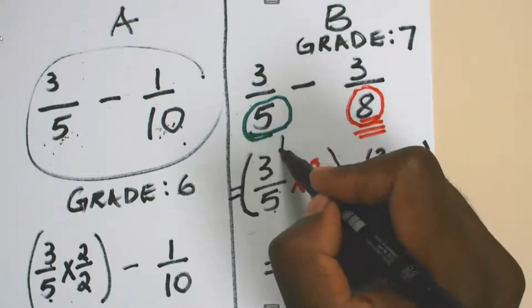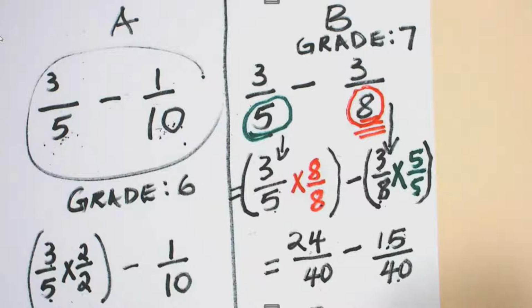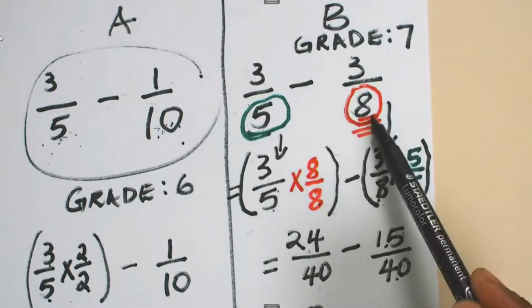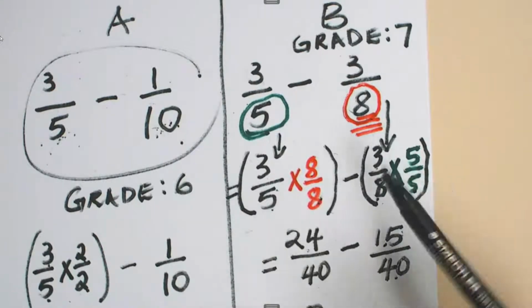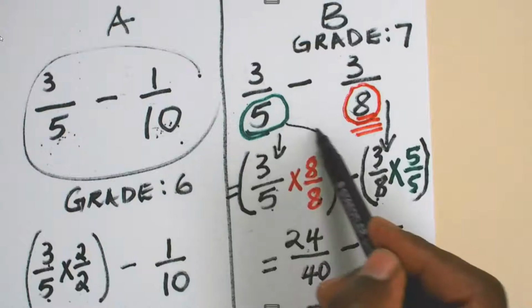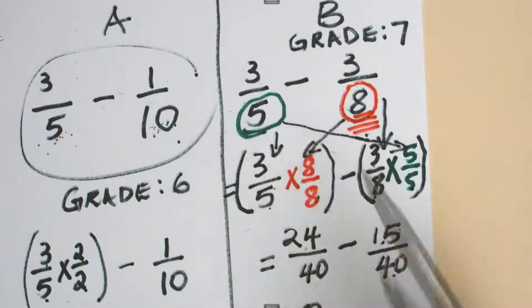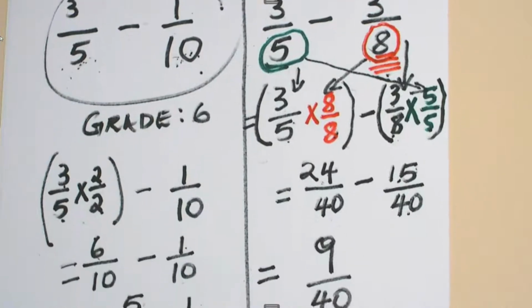This one comes here as is, and this one comes here as is. Now, after that, we take the denominator of the other fraction and multiply by it on this side, and then we take the denominator of this one and multiply by it on the other one. This is typically what we are doing.